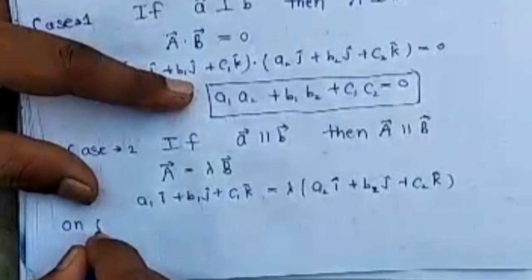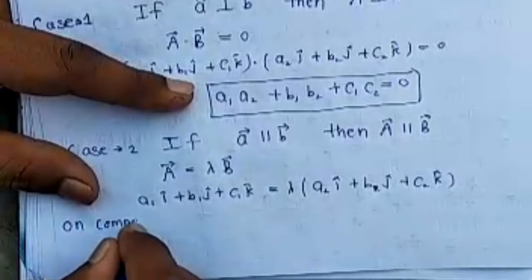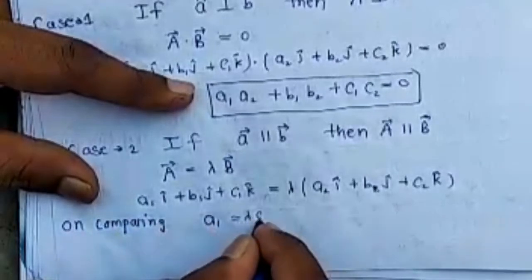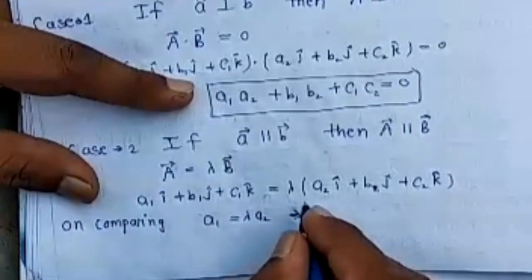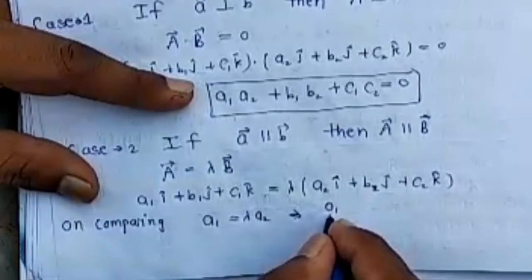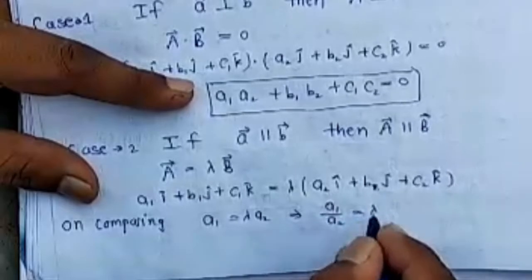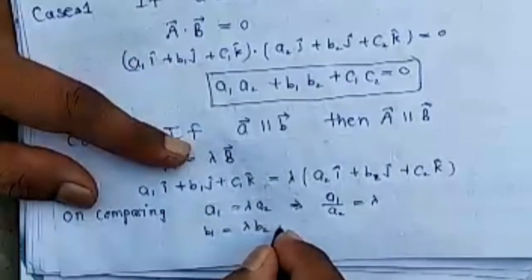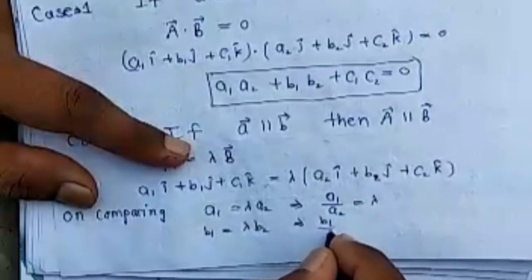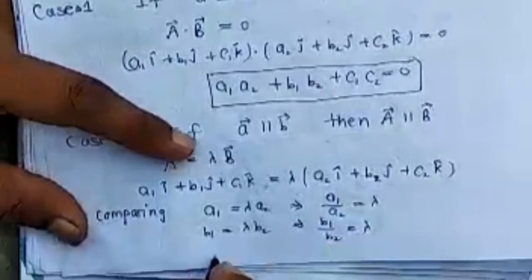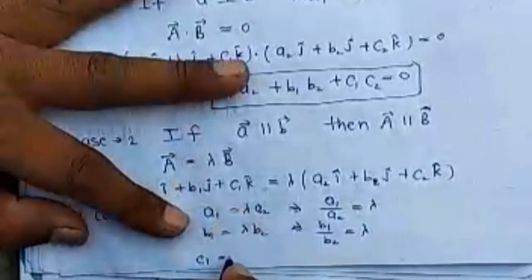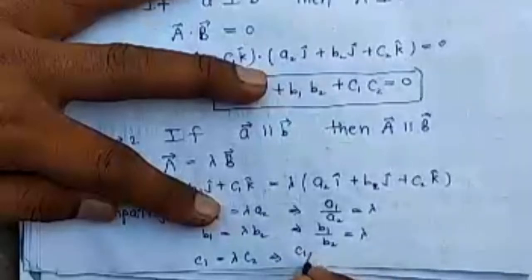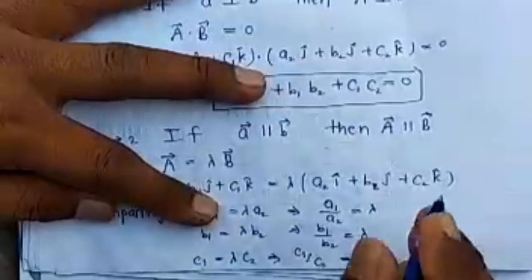On comparing the coefficients of i, j, k, we get A1 equals lambda A2, implying A1 by A2 equals lambda, B1 equals lambda B2 implies B1 by B2 equals lambda, and C1 equals lambda C2 gives C1 by C2 equals lambda.